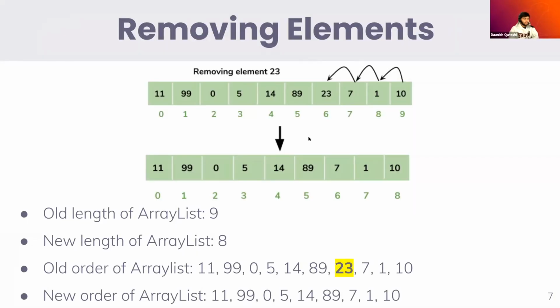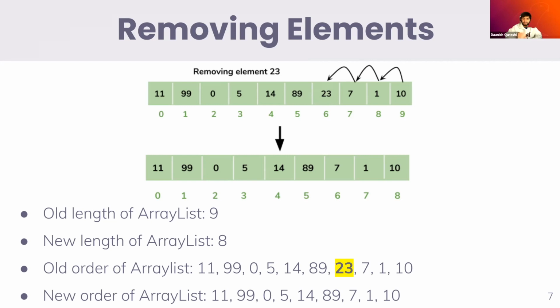Okay. So removing an element, we used to have 9 indexes, but let's say I want to take 23 and remove that. Here we have 23, which is the 6th index, and we want to take it out. So what happens is Java will go through, okay, 0, 1, 2, 3.